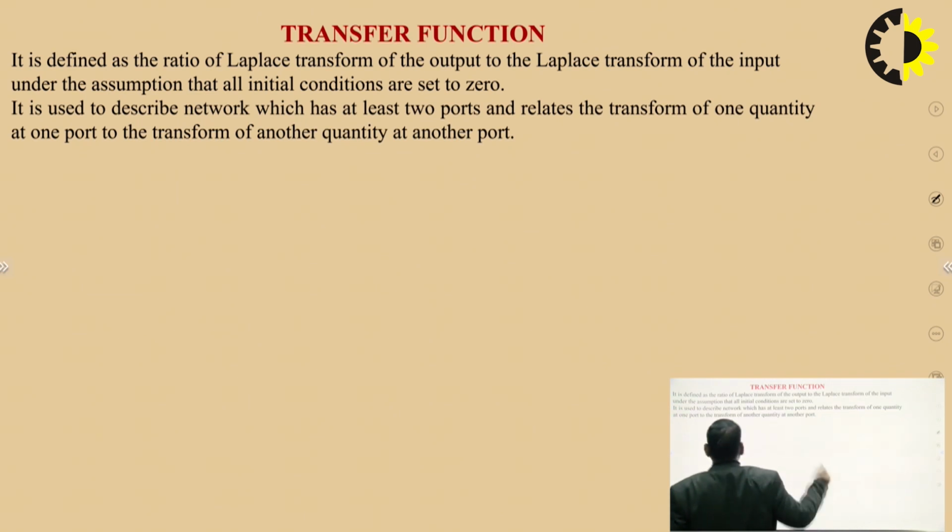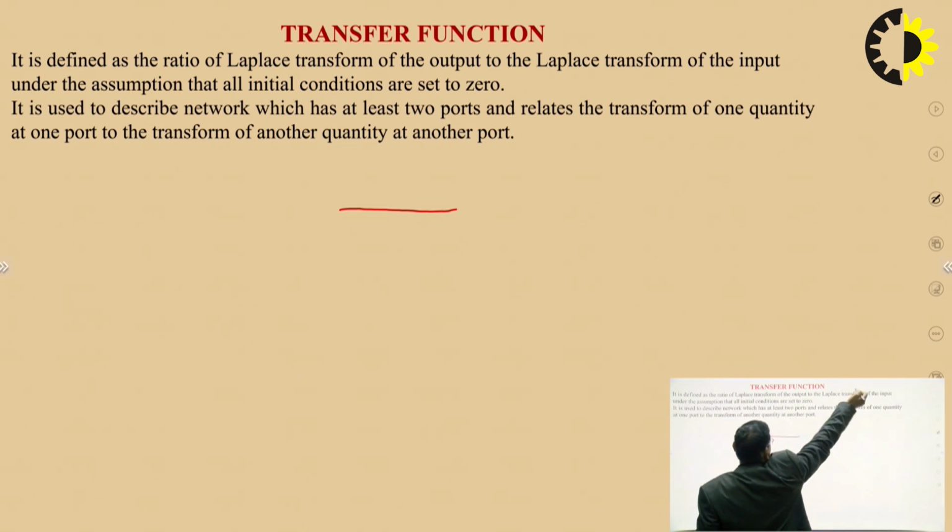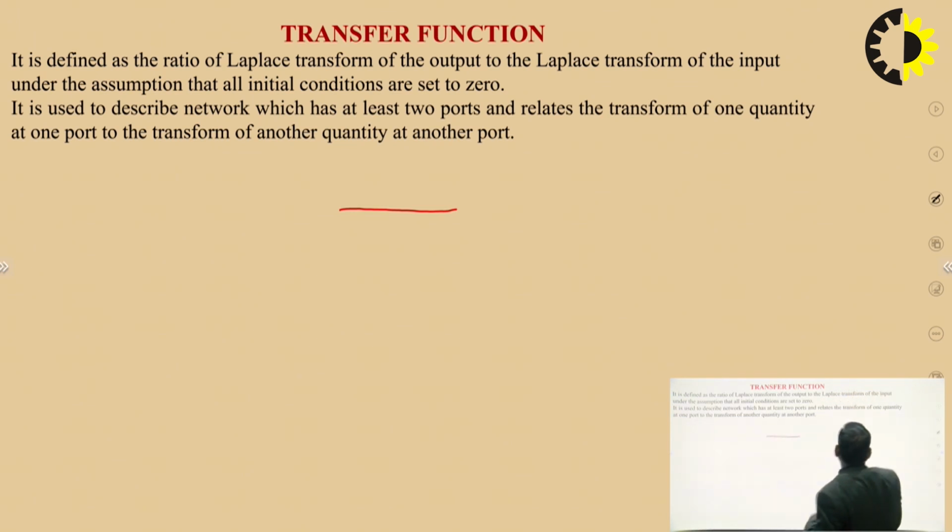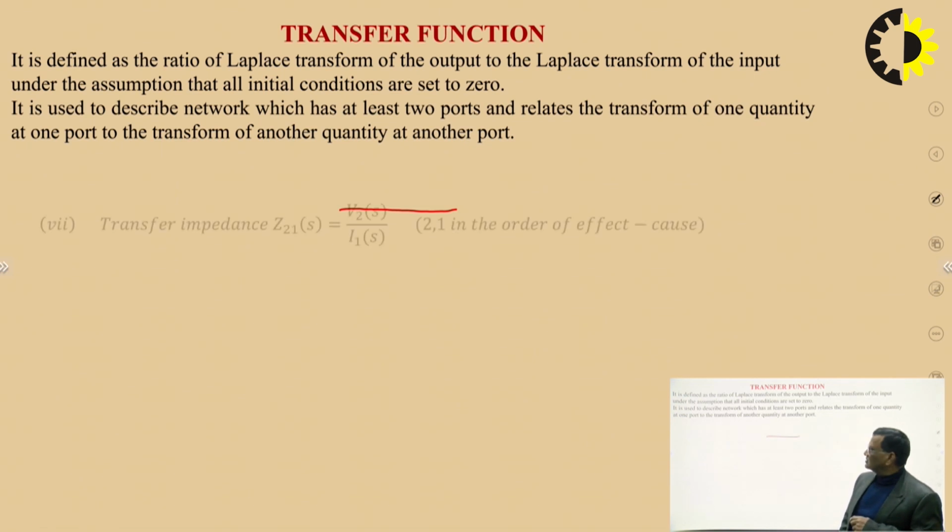It is used to describe a network which has at least 2 ports and relates the transform of one quantity at one port to the transform of another quantity at another port. So for a network function to be a transfer function, there must be at least 2 ports. A transfer function does not exist for a one port network. That is the moral of this story.